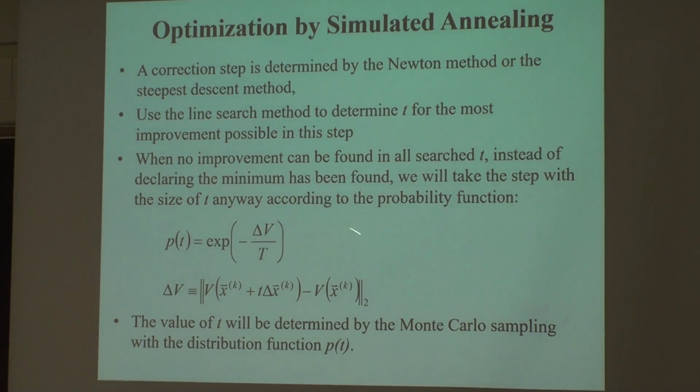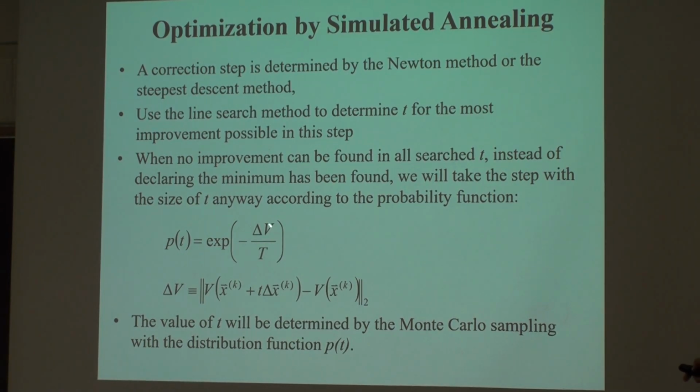or you can just perturb it anyway. I perturb this delta V, which is from my line search, with this T, and the probability of T follows this distribution. Now you have a T, a parameter. You will get a large T, kicking it out very far away, only when T is high.